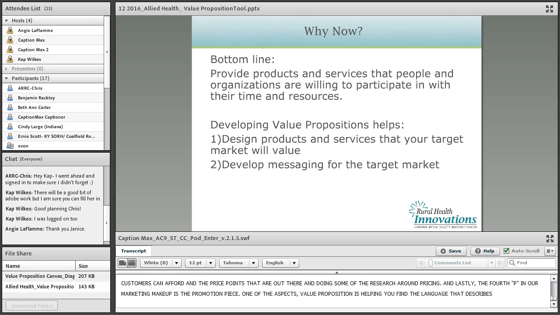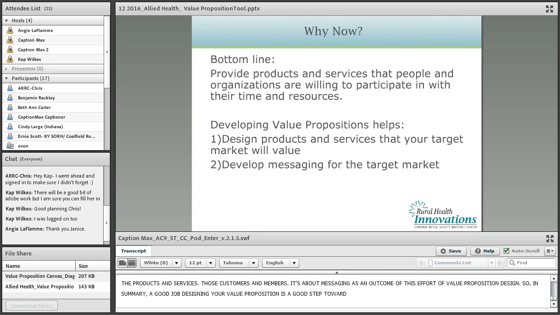And one of the aspects of value proposition is it's helping you find the language that describes the benefit of the product and services in the words of your target market, those customers and members. So it's about messaging as an outcome of this effort of value proposition design.